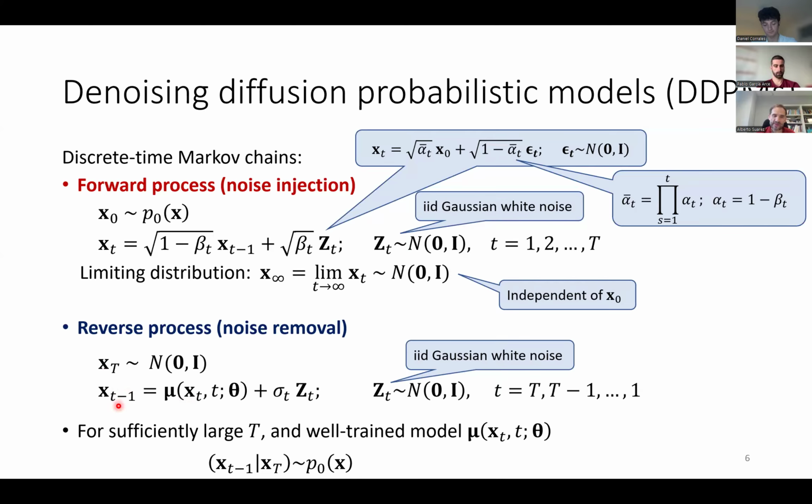I run this loop backwards, so I start at capital T, where I generate from the limiting distribution of the forward process, and then I decrease time, I decrease noise, if you want. I'll make a comment about this noise injection.